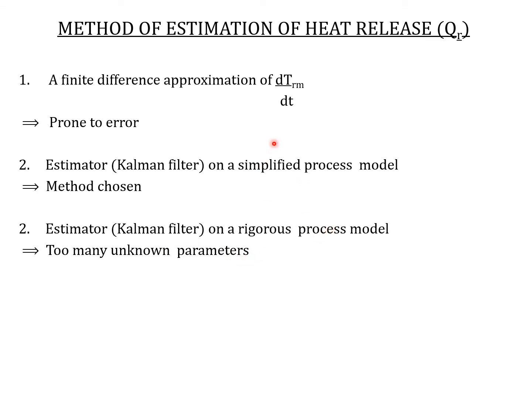As long as we have a very simplified process model, we can estimate through the Kalman filter on the computer the Q release, which is good enough in many cases. If you want it to be more accurate, you can use the rigorous model, but then there are so many unknown parameters that it becomes more difficult to implement online, especially, and we lose the purpose.